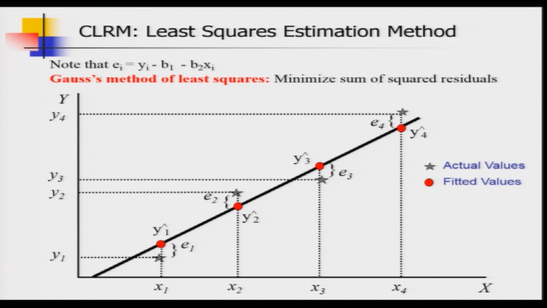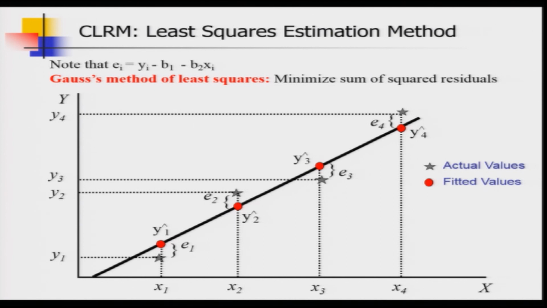These are the pairs x1 y1, x2 y2, x3 y3 and x4 y4. Note that it is an illustration, so it is heavily simplified, with only 4 observations. Now I am saying that I have to find the least squares estimator for beta 1 and beta 2.